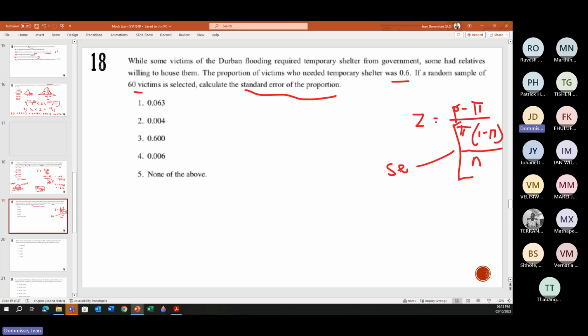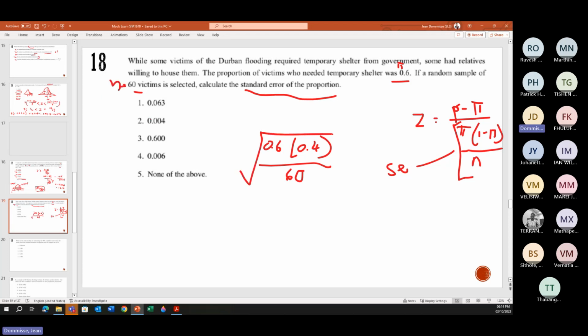Okay, in this instance, the standard error of proportion, they tell us that is 0.6. So there's your pi, or whatever we call it. Then it will be 1 minus 0.6, which is 0.4. And that total answer divided by 60, because that is n.